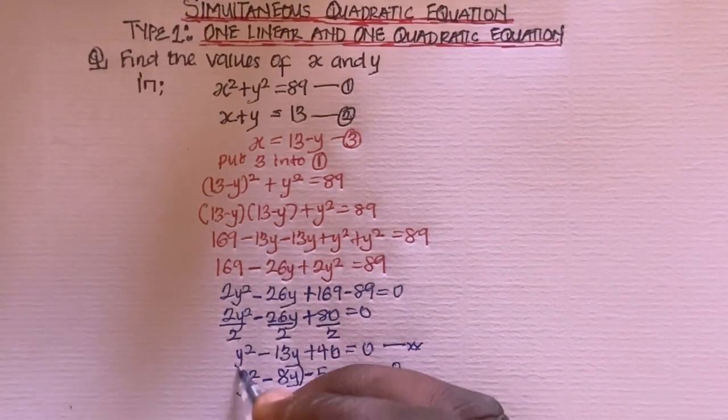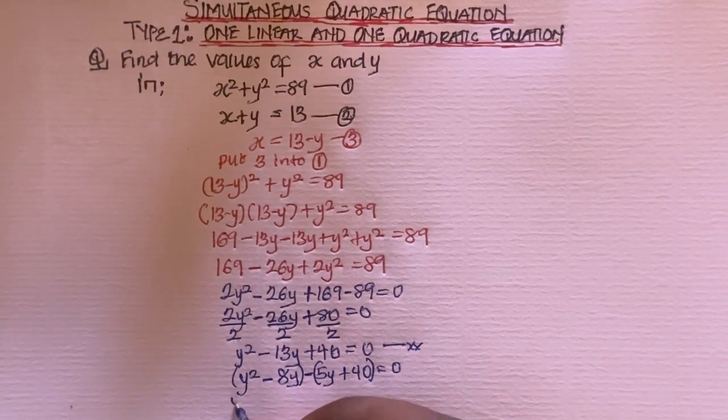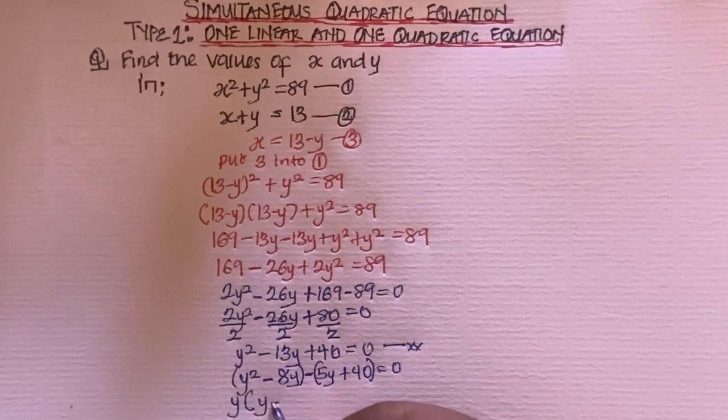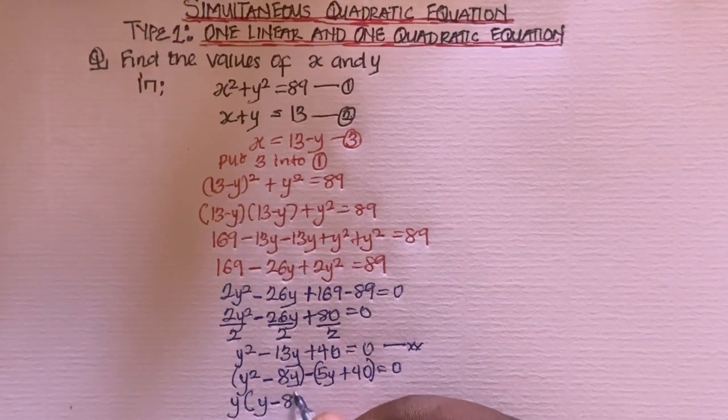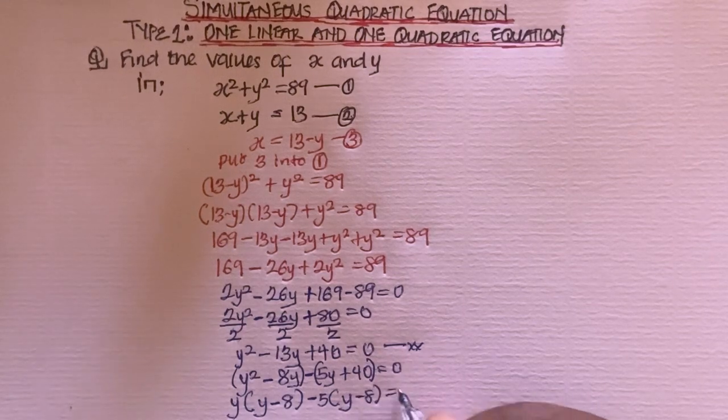So now let's go ahead and factorize this. Factorizing this, I'm going to have y into brackets y minus 8, then here also I'm going to have minus 5 into brackets y minus 8 equals 0.